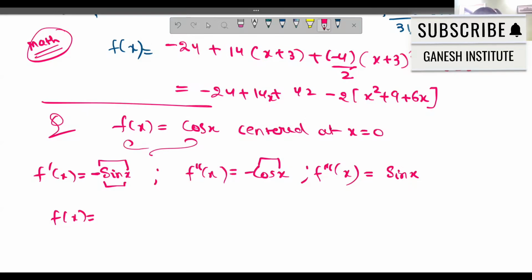Okay. Now, if you elaborate this by Taylor expansion, what will be the expression?